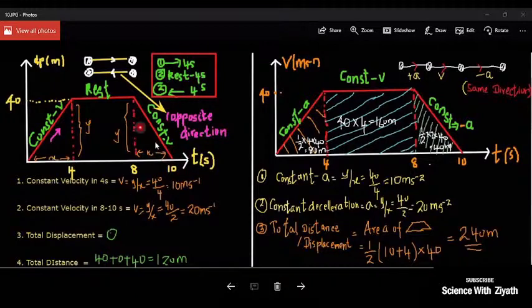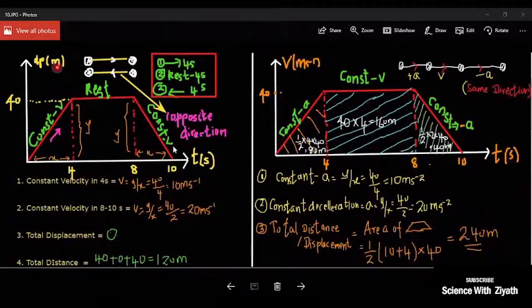But the total displacement, you bring this one here. This point is 0. So the total displacement is 0. But total distance is not 0.